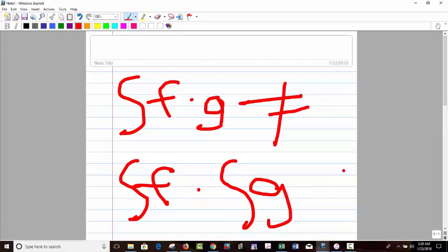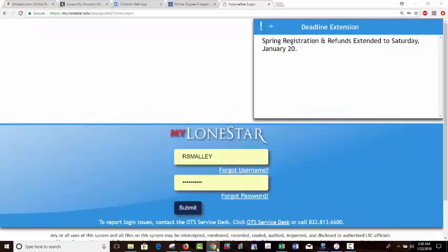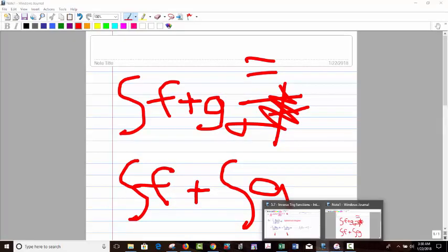You can't do that with integrals ever, but with a plus you can. So if I get rid of this and put equal here and make that a plus, then we're in business. Okay, so let's clarify little mistakes like that from time to time.